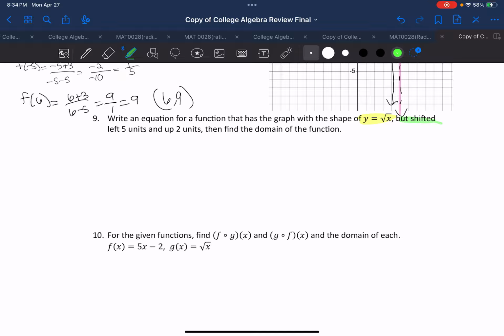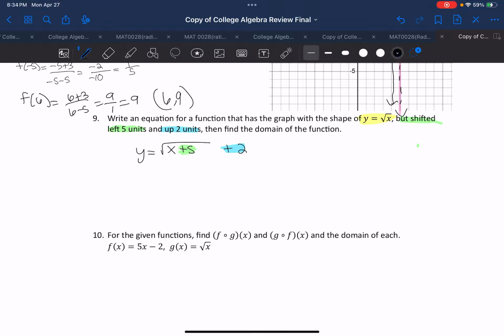So if I shift something left 5 units, that will be adding 5 directly to the x. So that would be the square root of x plus 5. And then up 2 units would be on the outside of the square root, because a vertical shift is always on the outside.